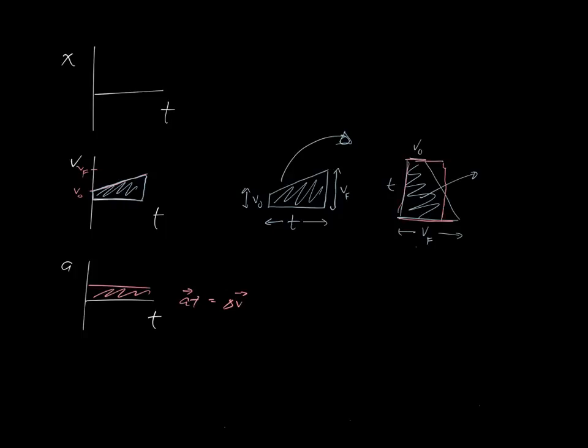And that's what the area of a trapezoid is based upon. You're just taking the average of those different bases. So half of V naught plus V final, the average of the bases, and then you multiply by time, which is the height, right? And that will get you displacement, okay?